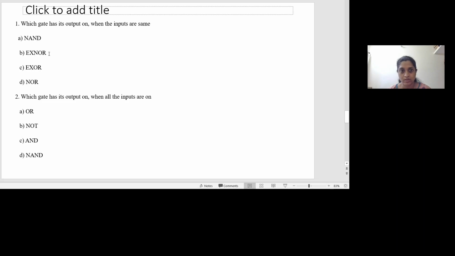The answer is the XNOR gate. In an XNOR gate, whenever the inputs have the same value, the output will be 1.